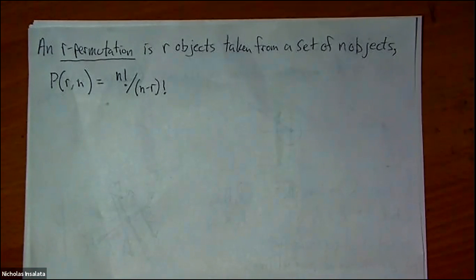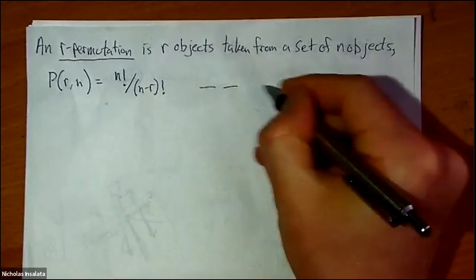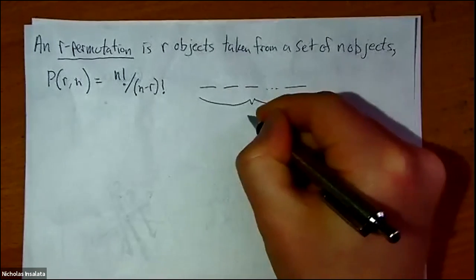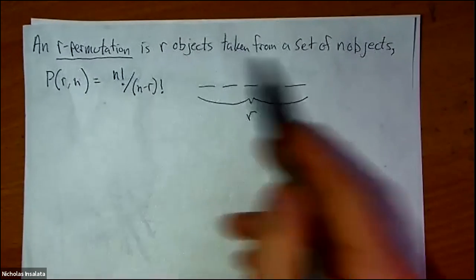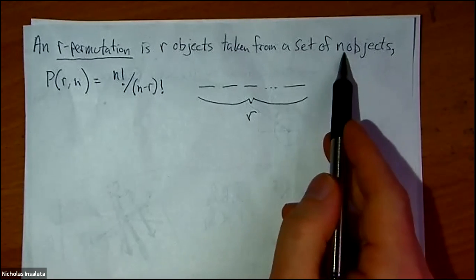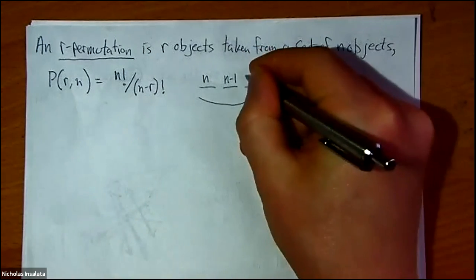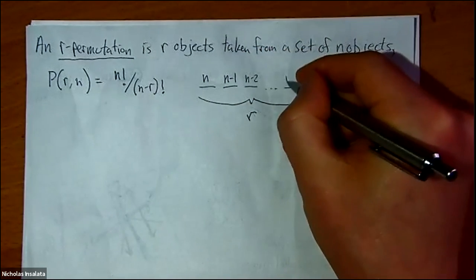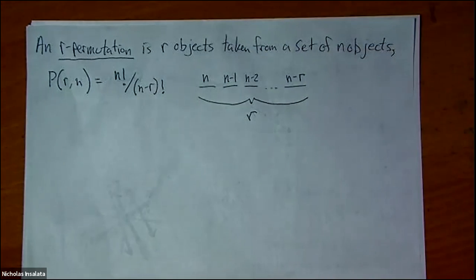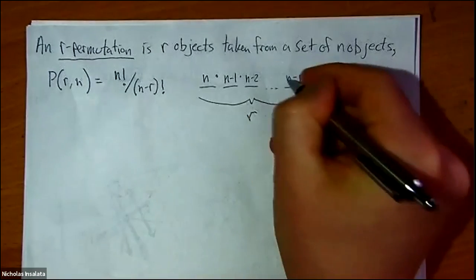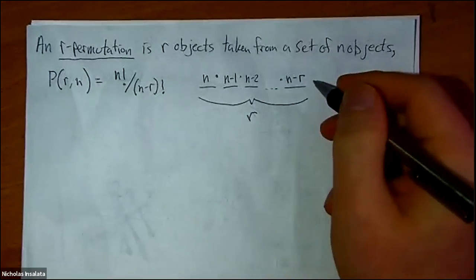Yeah, that's exactly right. And you can think about this in terms of those slots that I was talking about before. So if you have R slots, R objects taken from a set of n objects, those are your options. On the first spot, you can do n, then n minus 1 remaining, then n minus 2, and so forth, all the way down to n minus r. And you're going to be multiplying these because it's "and."